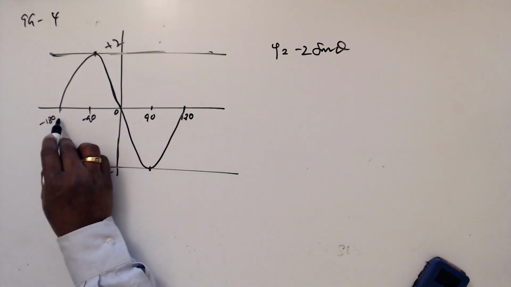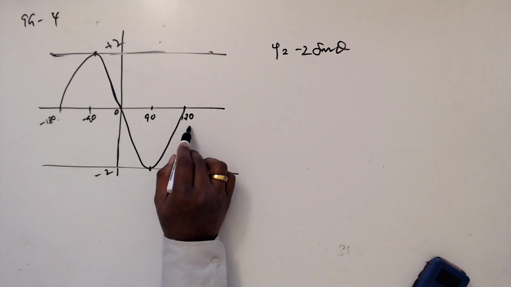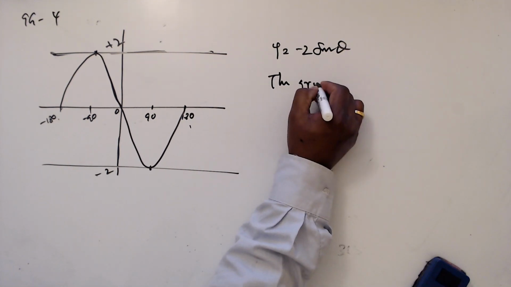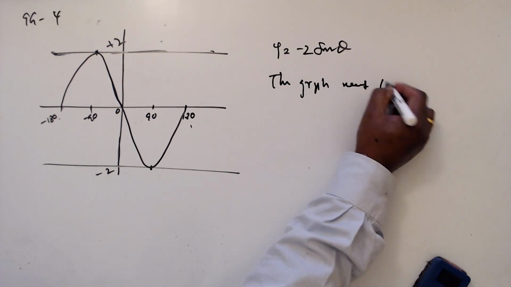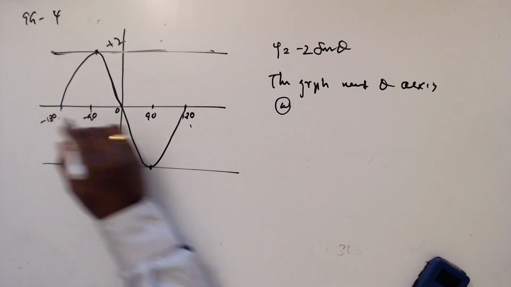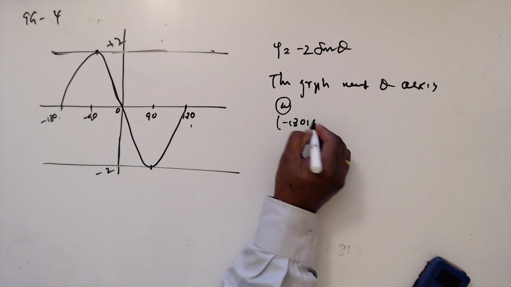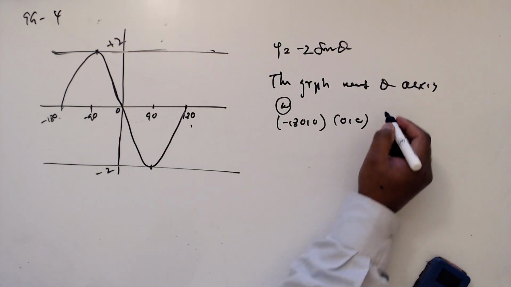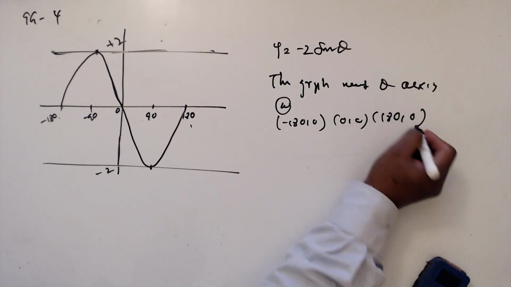The graph interval is between minus 180 to plus 180. The graph meet theta axis at minus 180, 0, 0, 0 and 180, 0.